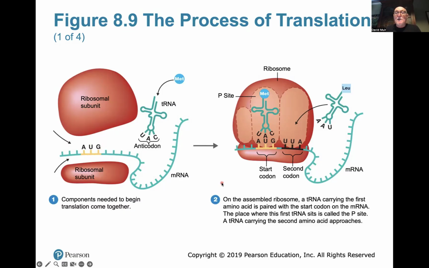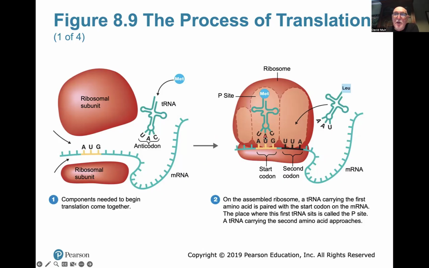Now, the large particle has three sites, three areas of interest. The first is called the P site, and it's this one here. So when the small ribosomal particle binds to the messenger RNA and allows the large particle to bind, the ribosome actually checks to see that this AUG is in the P site.